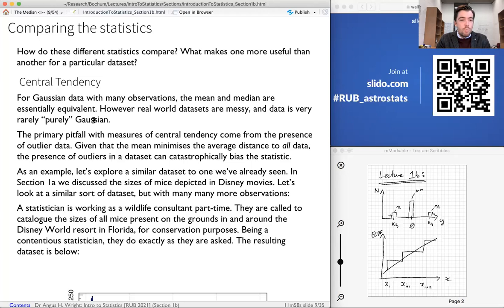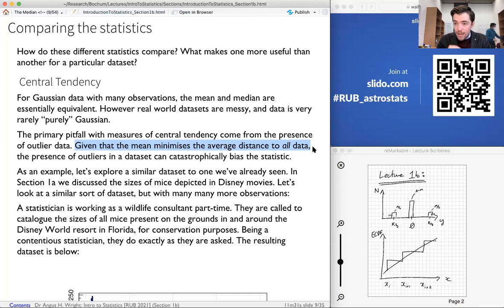And so one of the things that we discover when we move away from perfectly Gaussian data is that, in particular, measures of central tendency like the mean are particularly sensitive to the presence of outliers. And this is basically because of one of the properties of the mean that we just discussed, which is that the mean minimizes the average squared distance to all data.